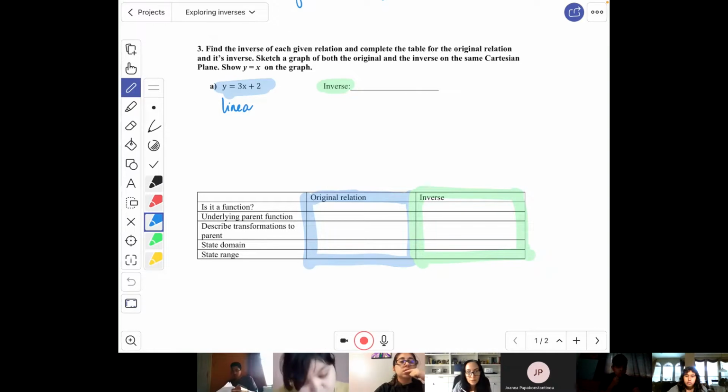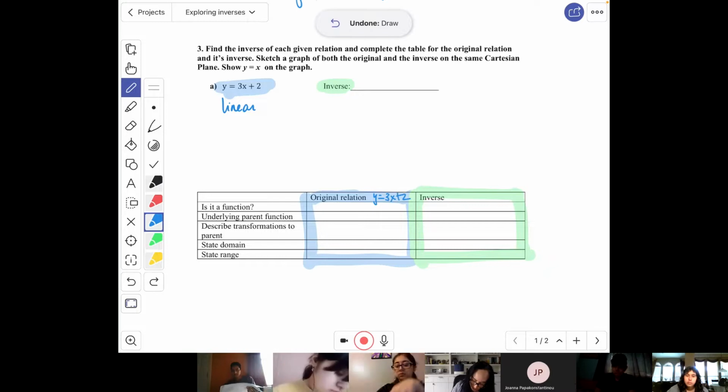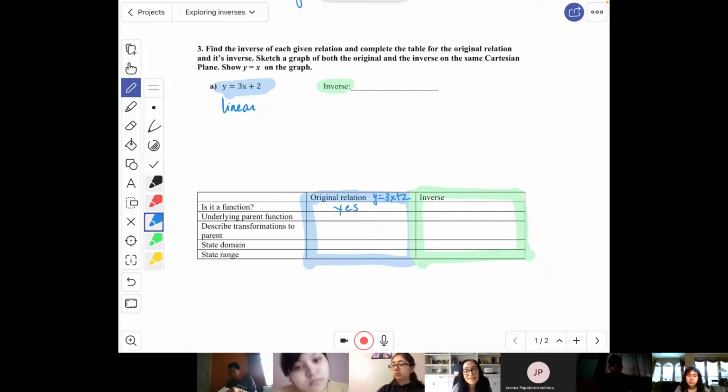Is the graph of y equals 3x plus 2 a function? Yes, you are correct. So is the original relation y equals 3x plus 2 a function? Yes.